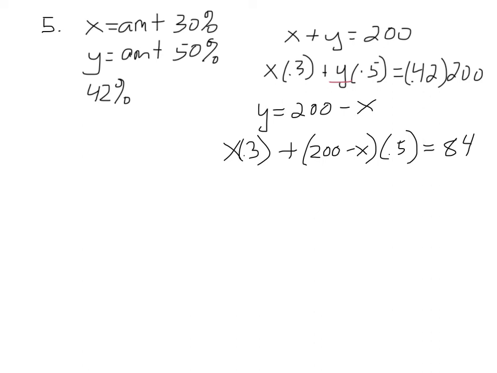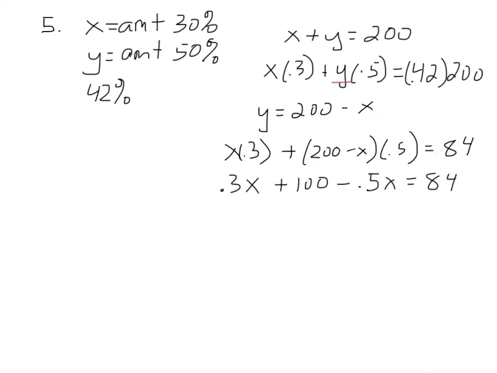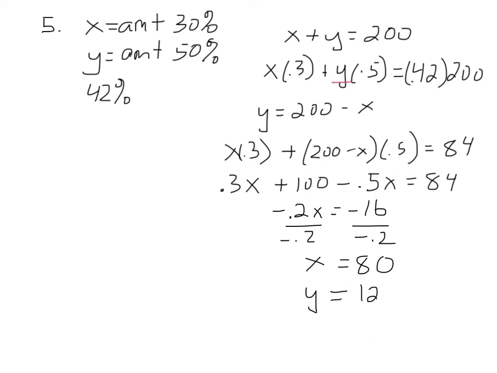Now I just distribute and solve it. Here I just distributed the 0.5 and the 0.3. Now I combine like terms, get X on one side, and move the 100 to the other. You see we get 80 liters of the X solution. The Y solution then will be 120 because together they must get to be 200.